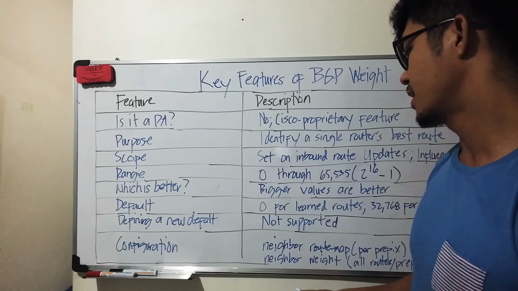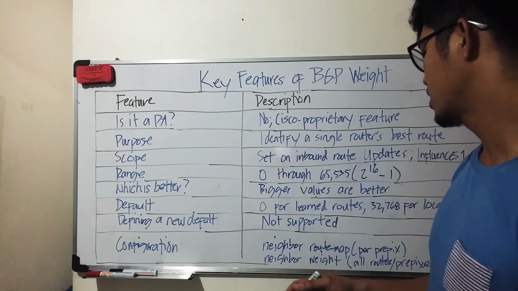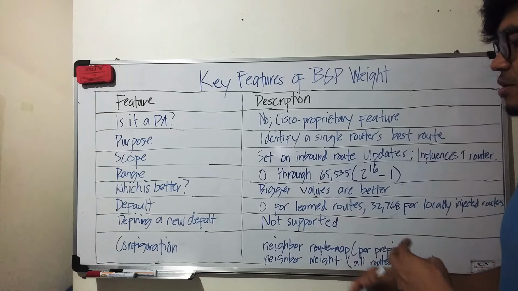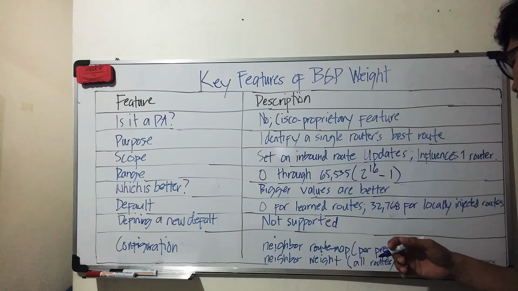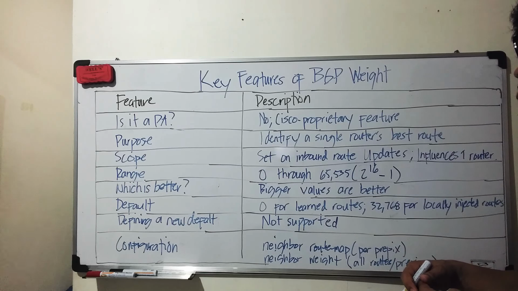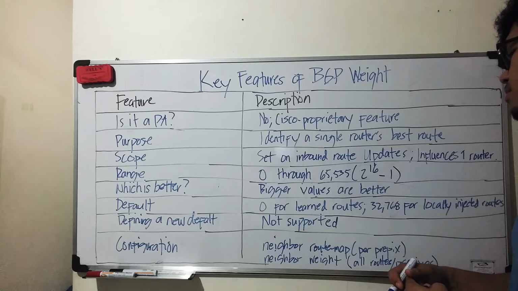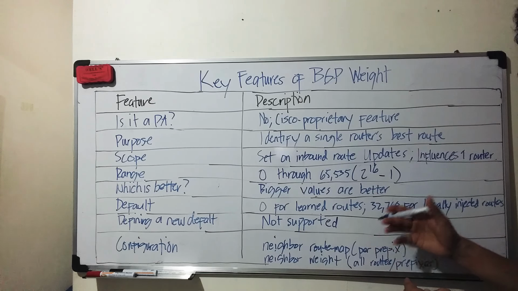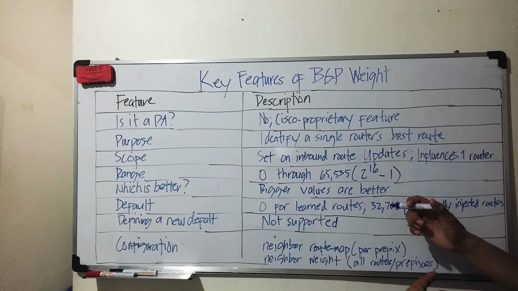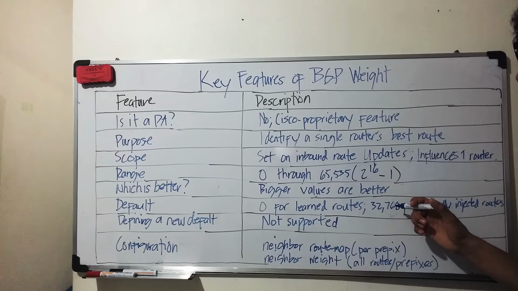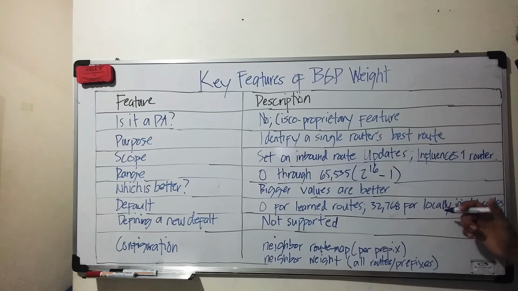The default is 0 for learned routes, meaning these are the routes learned from BGP neighbors, and the value is 32,768 for the locally injected routes.